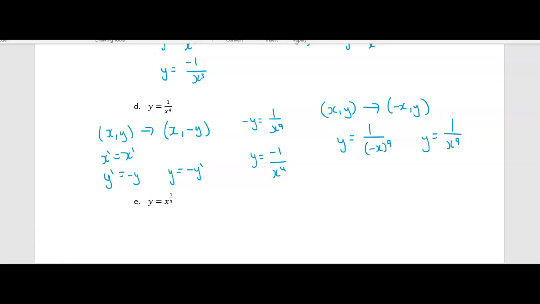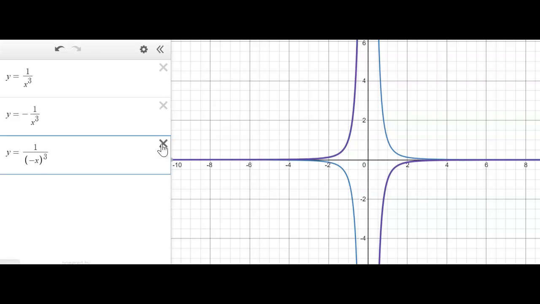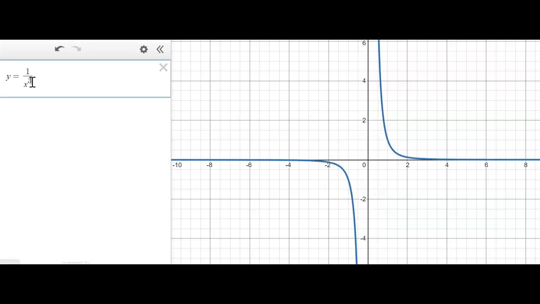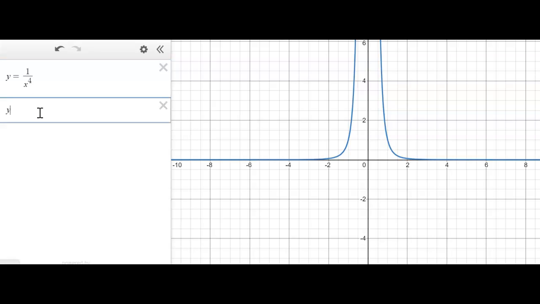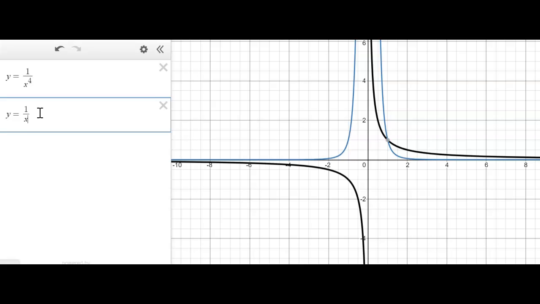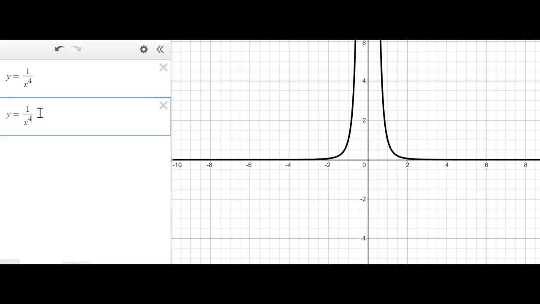So let's have a look at what that graph actually looks like. I probably could get them up. Oh well. All right, so we've got y equals 1 over x to the power of 4, which is what we just had. And we're doing a reflection in the x-axis, so it'll flip over.